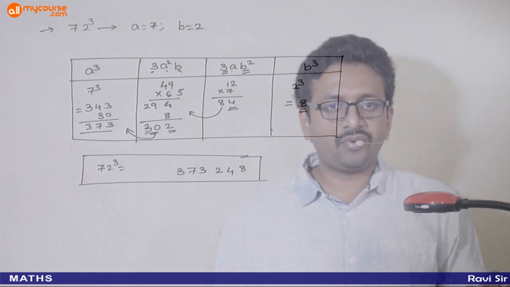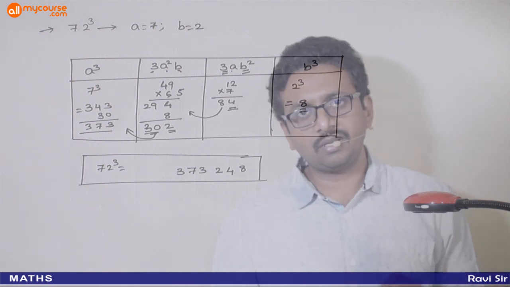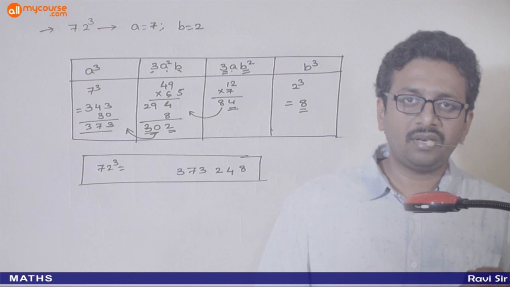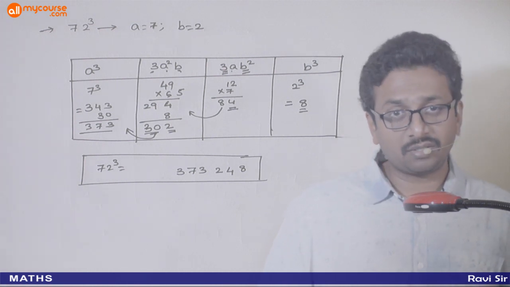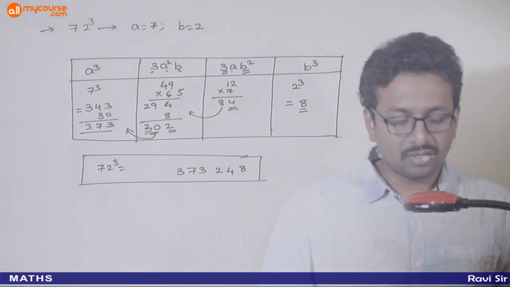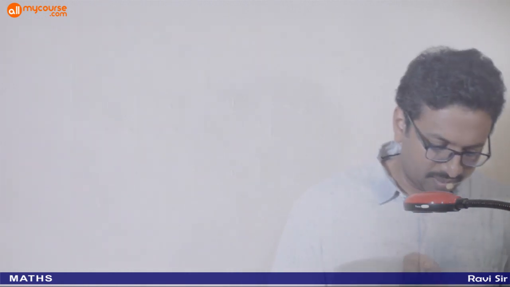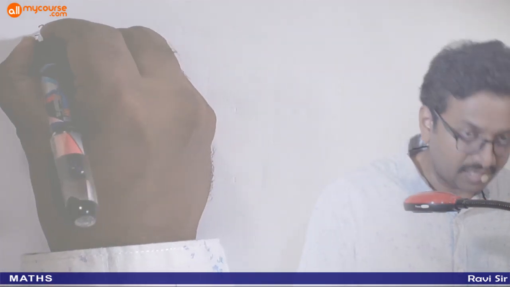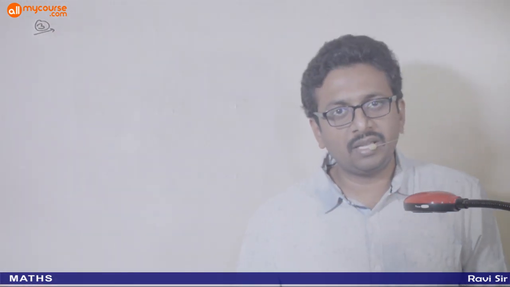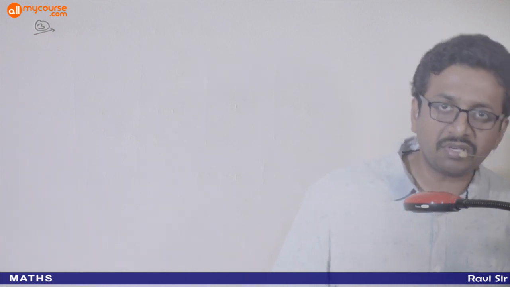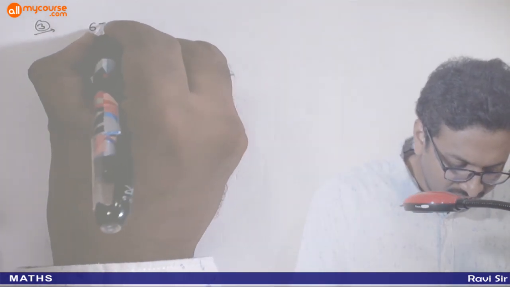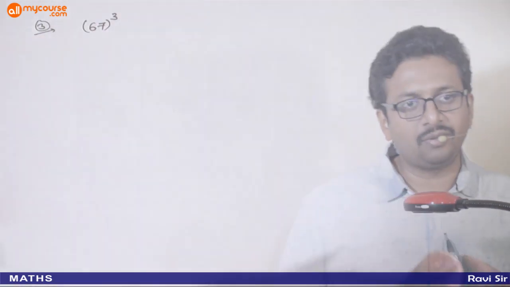Before going further, let us do one more question and then go to the next topic of finding cube roots. You can take any number. Let us take something like 67 and find 67 whole cube.